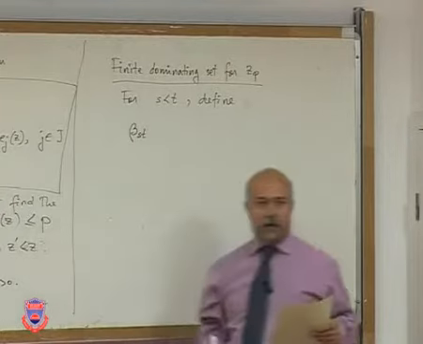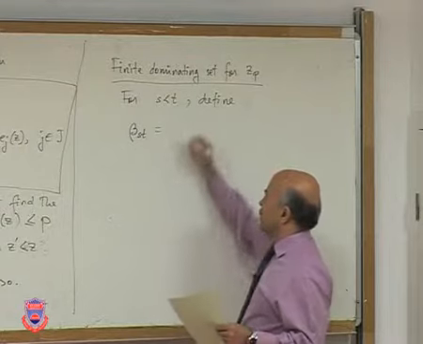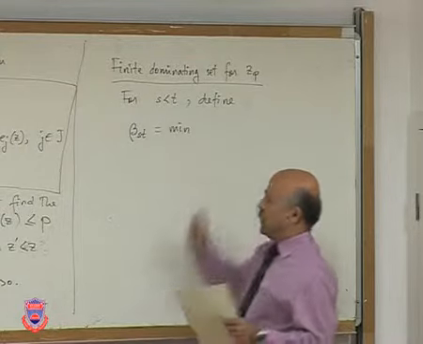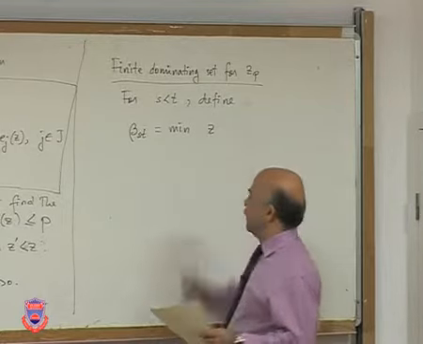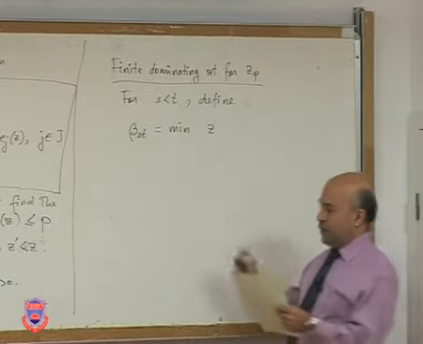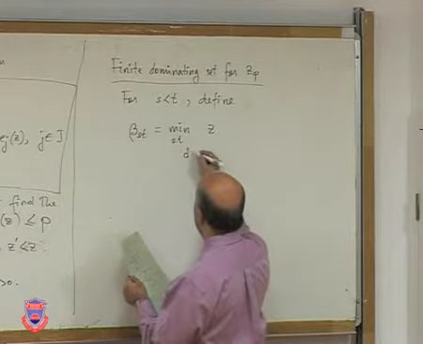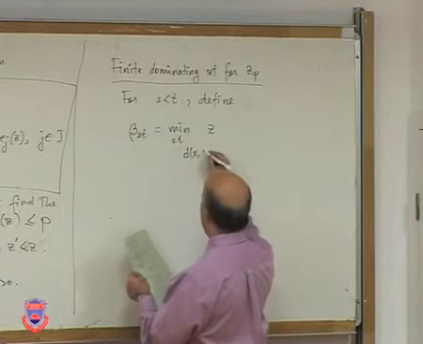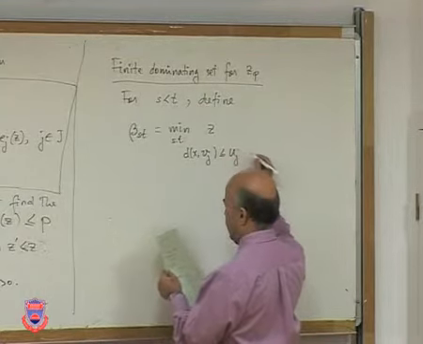I'm going to call it beta of st, or beta st. It's going to be the minimum of an optimization problem. Minimize Z subject to dx vj less or equal uj.